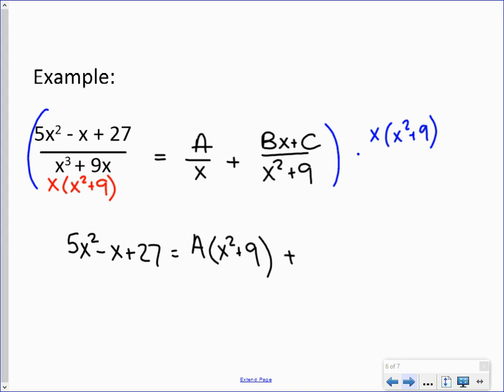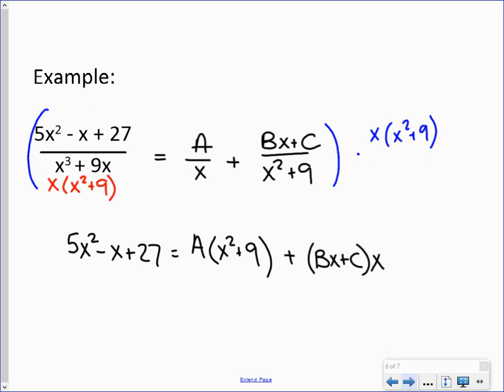So I'll say plus, and I'll put my linear factor bx plus c in parentheses because it's all multiplied by that x. If you feel like you need to write out next to each one, x squared plus 9 times x, do that. Wherever your comfort level is, meet yourself there.